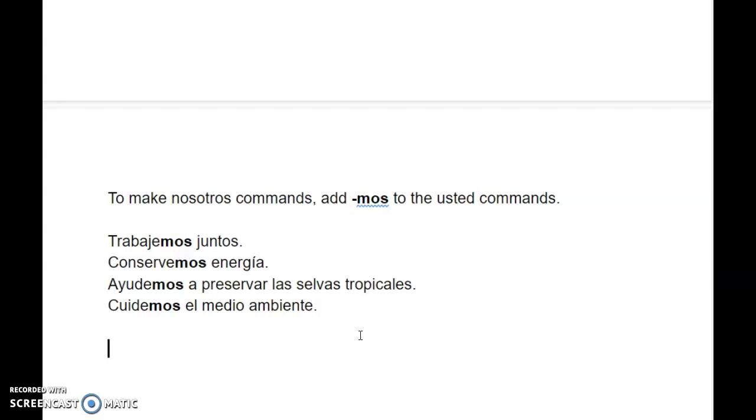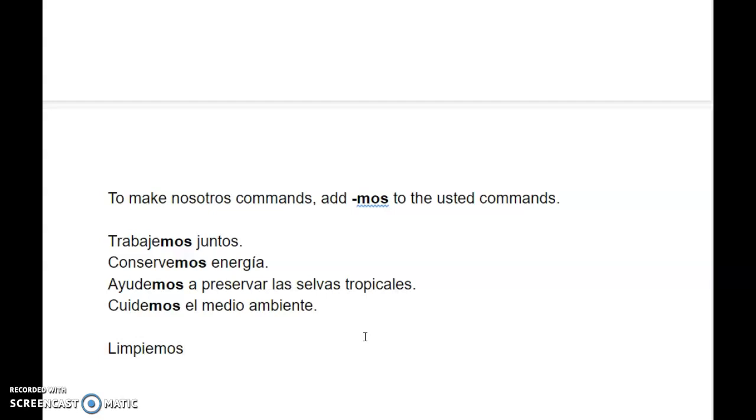So when you make the usted command, you'll be changing the word to an E at the end, limpie, and then you're going to be adding the MOS, right? Limpiemos. Okay, and then you'll simply be adding that rest of that phrase, right? Limpiemos las calles cerca del colegio. Limpiemos, okay?